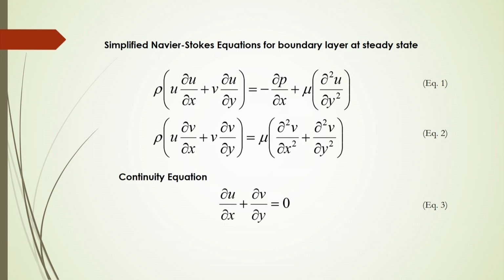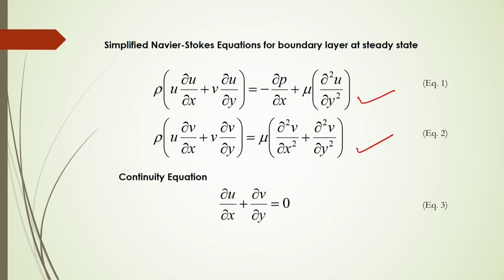Now, finally, you are getting rho into u dou u dou x plus v dou u dou y, which will be equal to minus dou p dou x plus mu into dou 2 u by dou y square. This is in the x direction, and this is your y direction, the simplified Navier-Stokes equation for steady state operations.